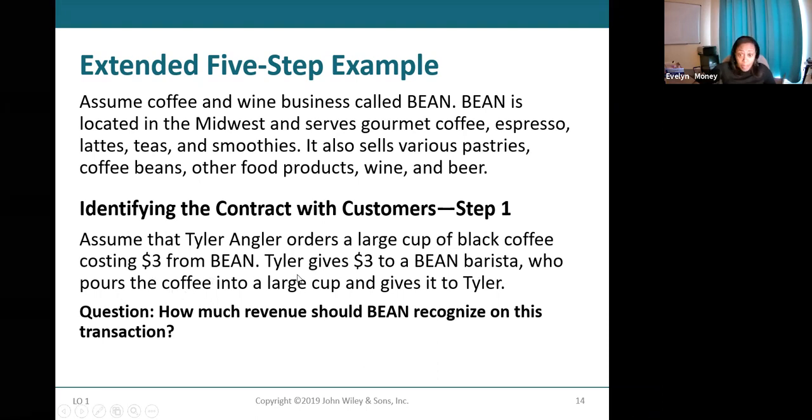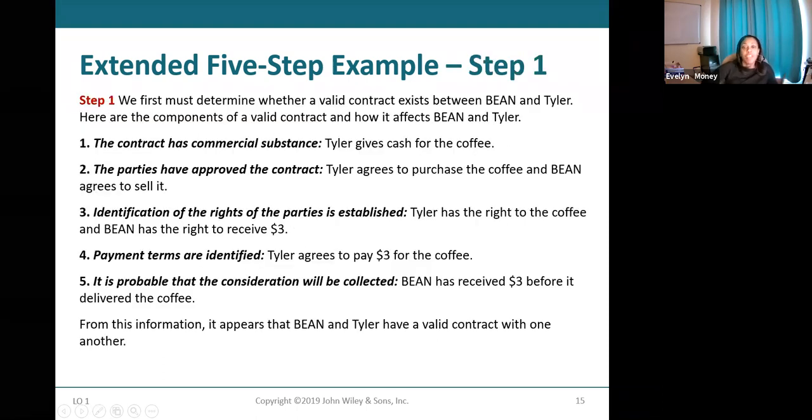There's only one performance obligation here, and that's for the barista for Bean to deliver the cup of coffee to Tyler. If Tyler ordered coffee and a muffin, there would be 2 separate performance obligations. But all Tyler ordered was coffee.